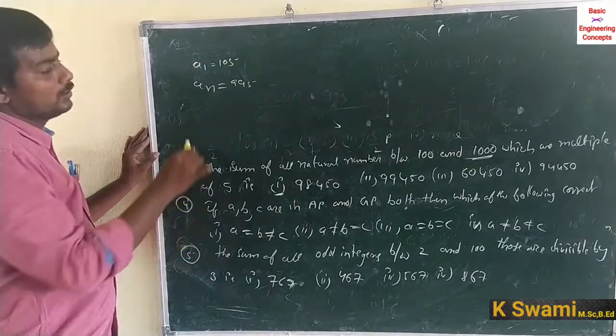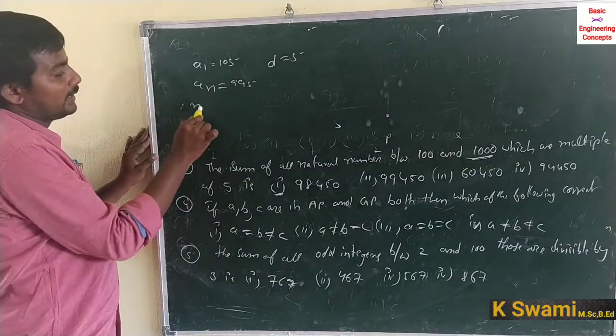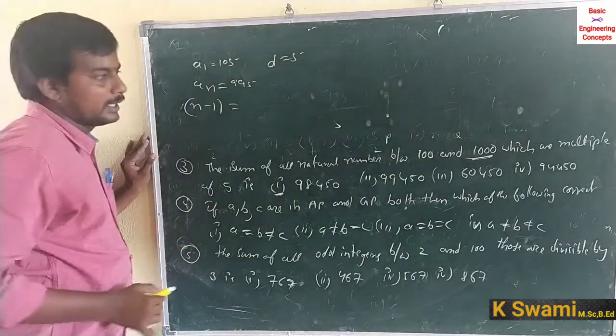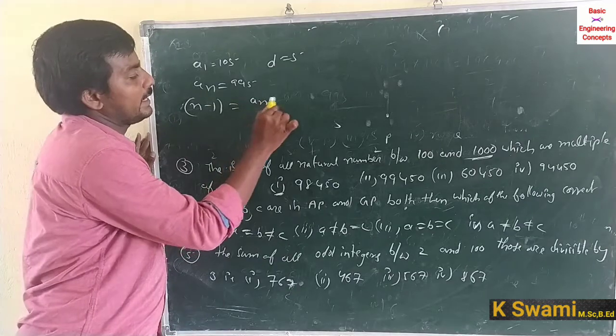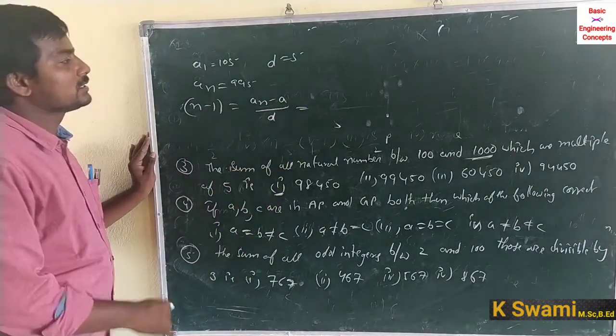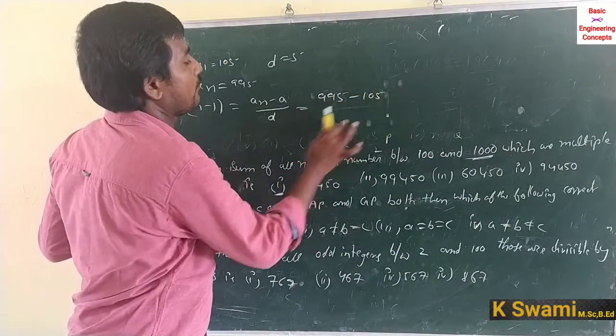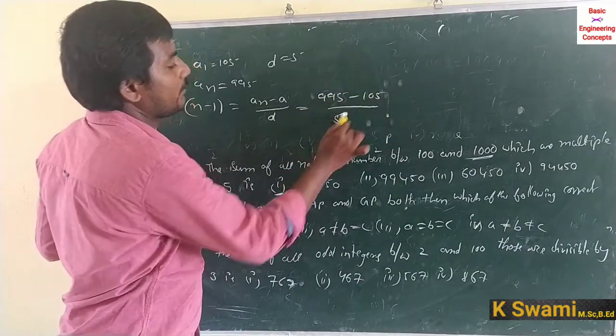So and now that the common difference d is equal to 5. Now that n minus 1 is equal to an minus a by d, that is equal to 995 minus 105 by d is equal to 5.